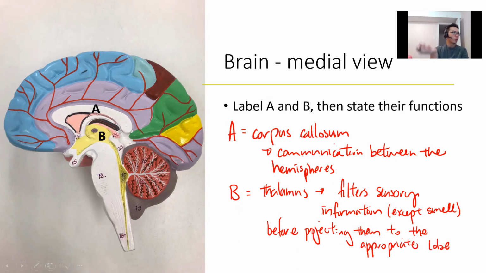If it's visual information, it goes to the occipital lobe. If it's somatosensory information, it goes to the parietal lobe.